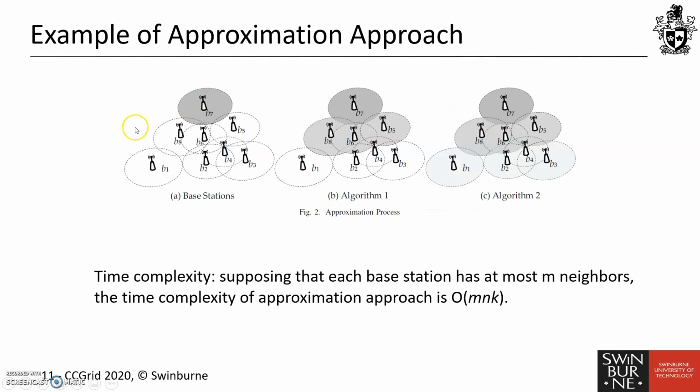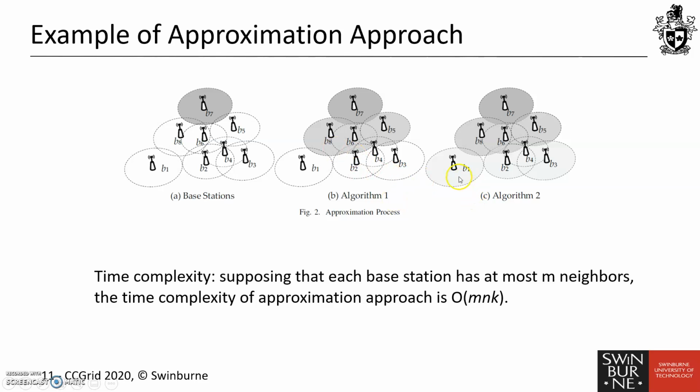Now this is an example of the approximation approach. Given the base stations here as shown, the same as the motivating example. If we take B7 at the start, then we use algorithm 1, we will find all of B7's neighbors. If B7 and B7's neighbors have enough base stations to deploy the k edge servers, okay, the algorithm is finished.